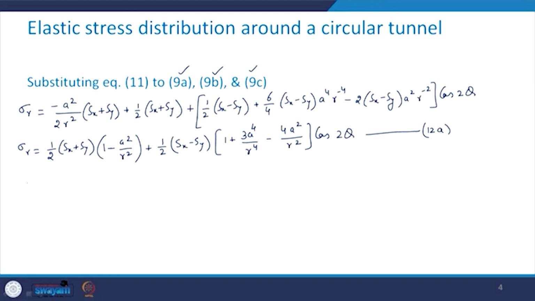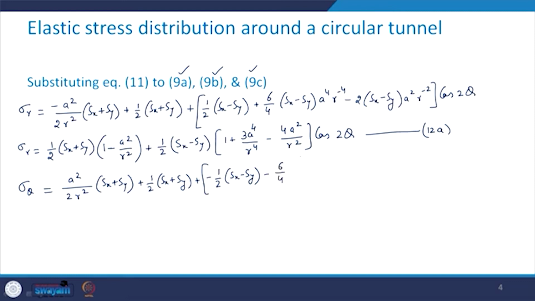Now, what will happen to sigma theta? This is going to be a square upon 2r square, that is Sx plus Sy, plus half Sx plus Sy, plus minus half Sx minus Sy minus 6 upon 4 Sx minus Sy a to the power 4 r to the power minus 4, into cos of 2 theta.